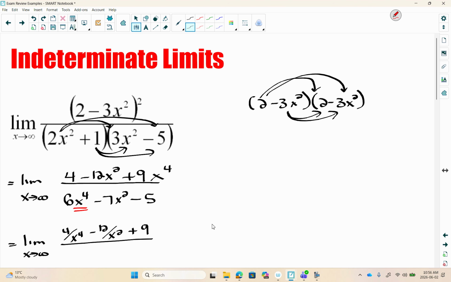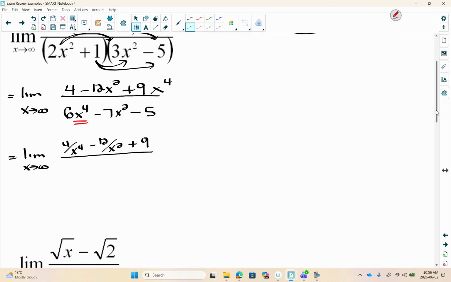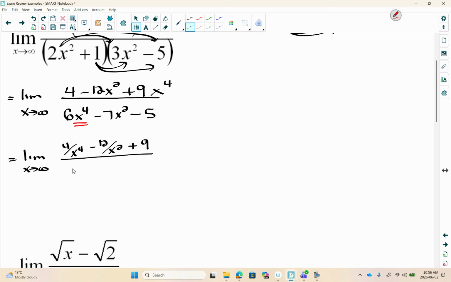A 9. Wicked. 6x to the 4th divided by x to the 4th would leave a 6. -7x squared divided by x to the 4th would leave -7 over x squared. And -5 divided by x to the 4th would be that, -5 over x to the 4th.